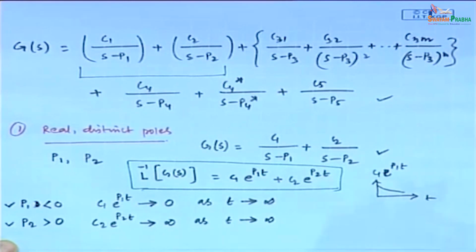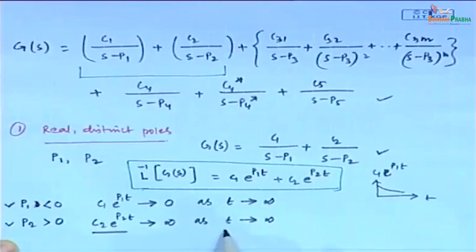If P2 is greater than 0, then C2 exponential of P2t grows to infinity as time tends to infinity.